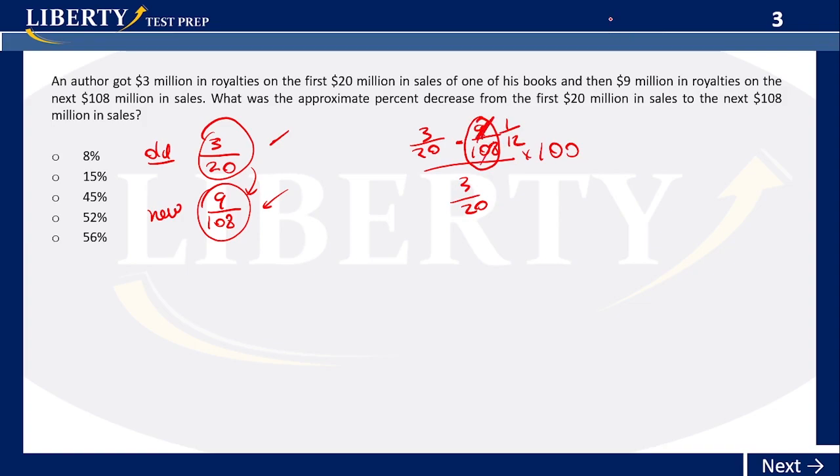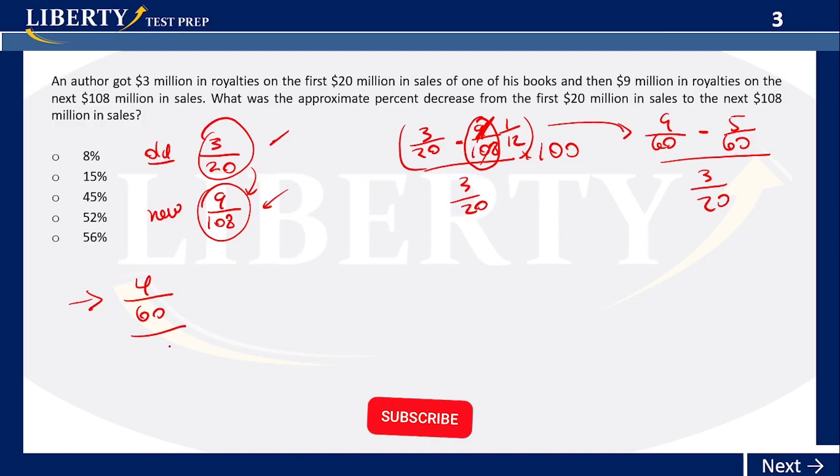Then we want to subtract, so we put them in the same denominator, which is maybe 60. So 9 over 60 minus 5 over 60, so we have 4 over 60 times 20 over 3.